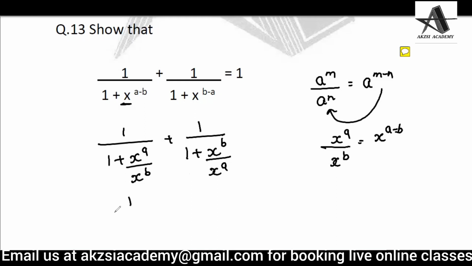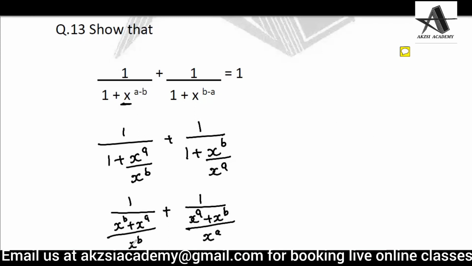Take the LCM. This will be x to the power of b plus x to the power of a over x to the power of b, plus 1 over, taking LCM, x to the power of a plus x to the power of b over x to the power of a.